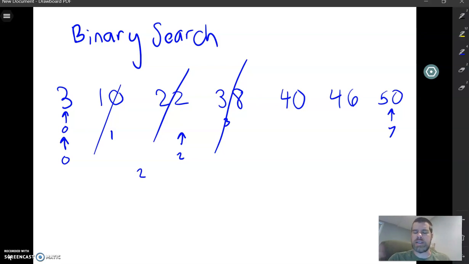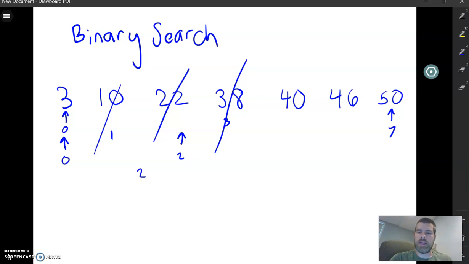So there are two base cases. Either you found the item and you return that index where it was found, or your beginning and ending indexes are on the wrong side of each other, so that you know that your search space has been completely diminished and there's nothing else to look at.